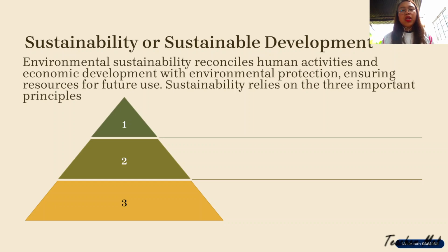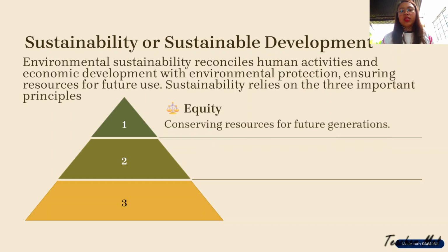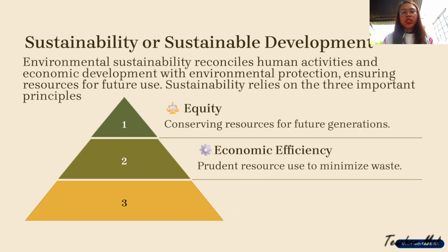Sustainability relies on three important principles. First, equity: conserving resources for future generations. Equity means things should be equal, or fair. We give a balanced amount of resources to everyone so that some are left for future generations. So, conserving resources. Economic efficiency is the prudent use of resources to minimize waste.